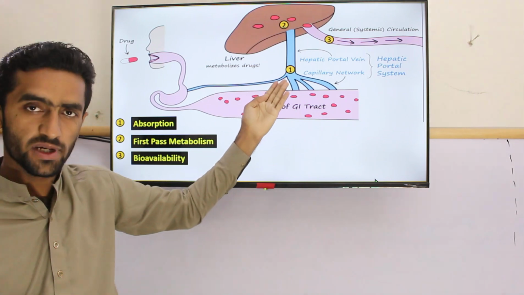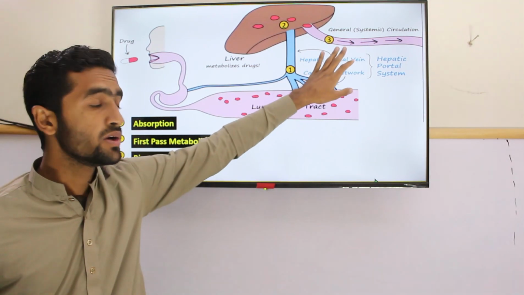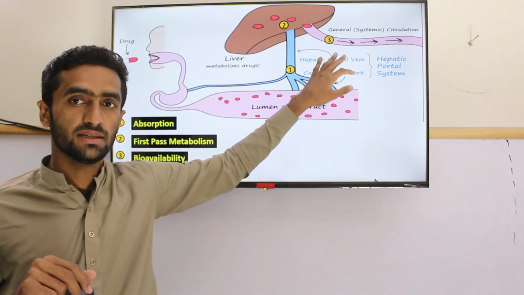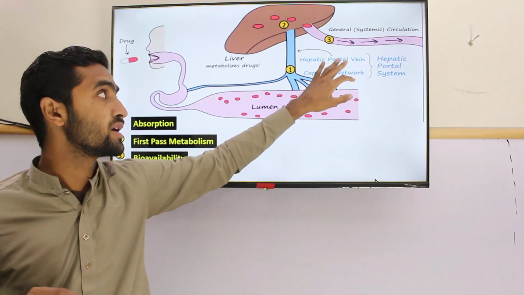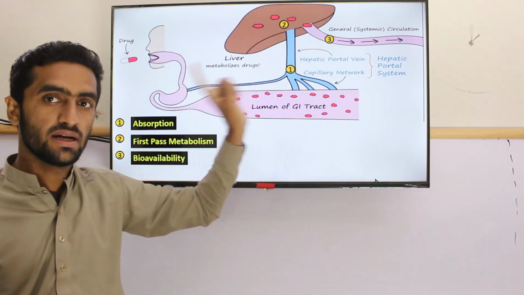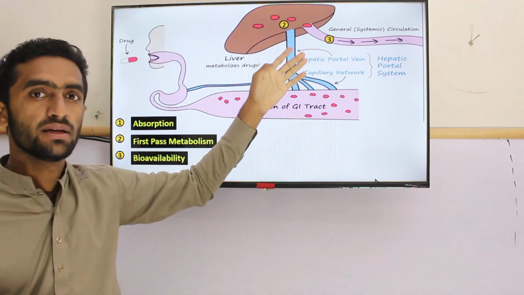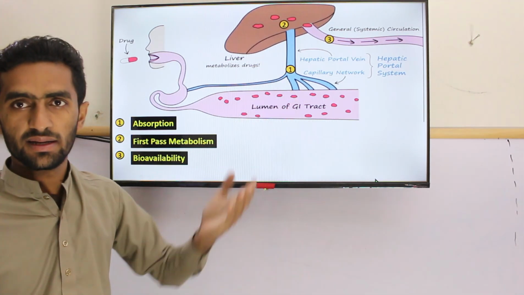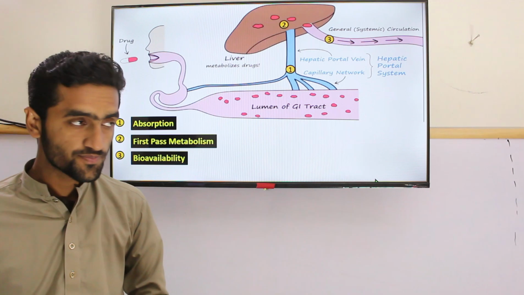So absorption is also important, and bioavailability is really important in pharmacokinetics. Bioavailability is 80%. Why? Because 20% is destroyed by the liver or it's not properly absorbed.